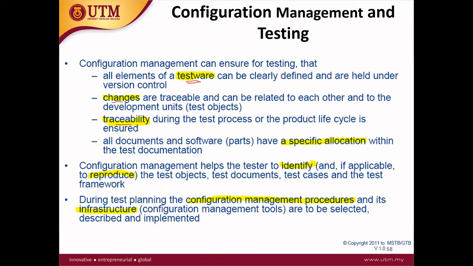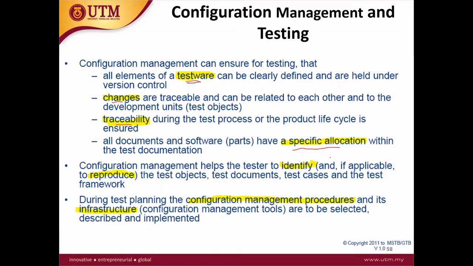That's why in TestLink, in the project that you do, you can use what we call the build field to specify the build that's used by the testing process. And then all documents and software have a specific allocation within the test documentation. That means it is mentioned in the test documentation, so you need to mention it in your test plan, for example.